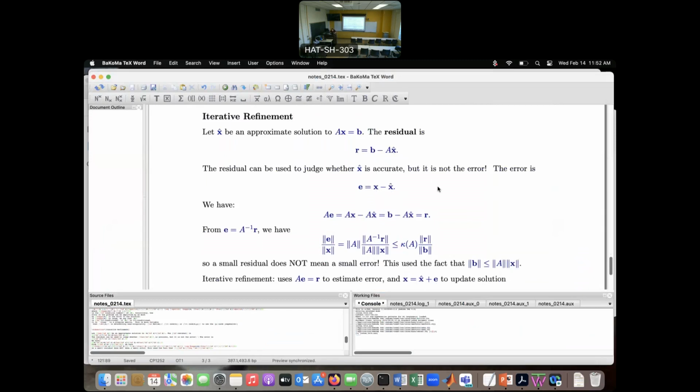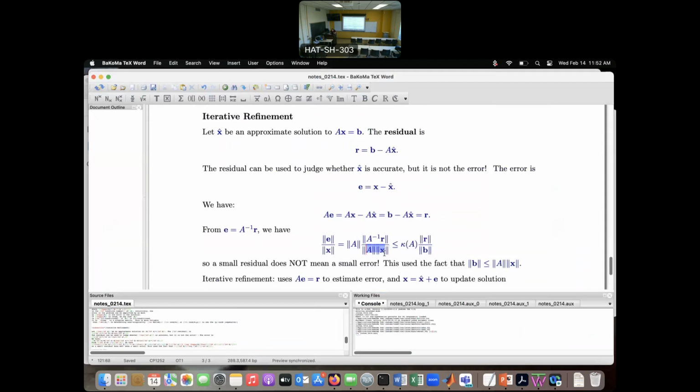I want to point out one thing that happened algebraically down here. b is equal to Ax. So the norm of b is less than or equal to norm of A times norm of x. What that means is if I take the reciprocal of both sides of this inequality, then 1 over norm of A times norm of x is less than or equal to 1 over norm of b.